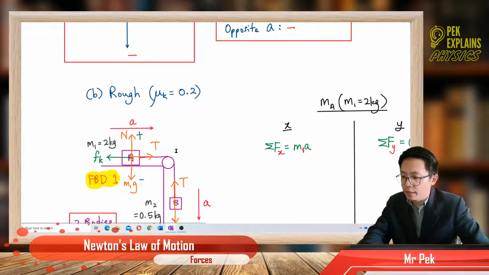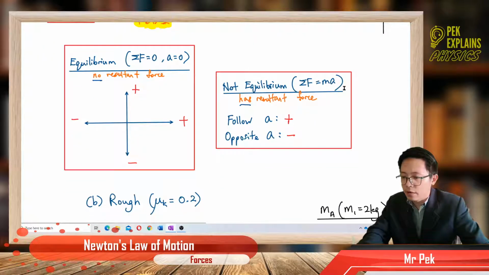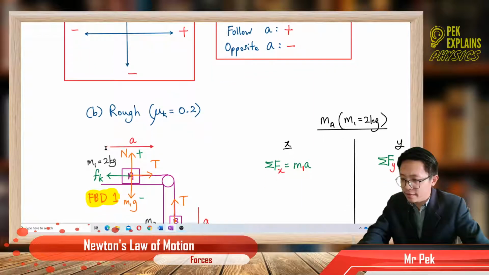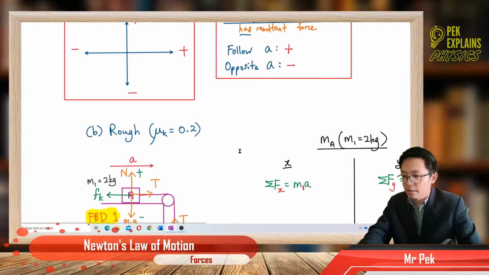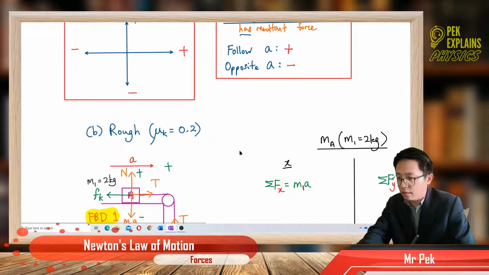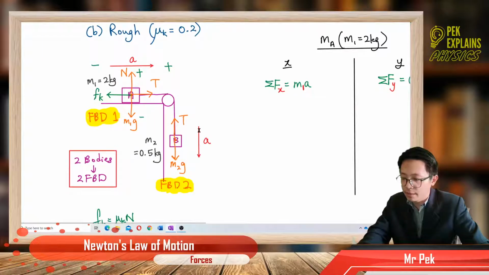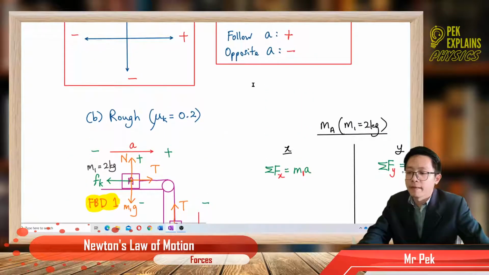But for the x component, follow acceleration. It has acceleration to the right, so following acceleration is positive, opposite acceleration is negative. Same thing for mass B. Following acceleration, downward, is positive. Opposite acceleration is negative.